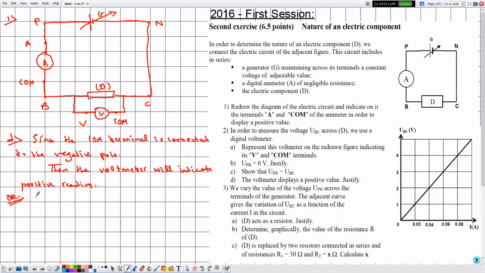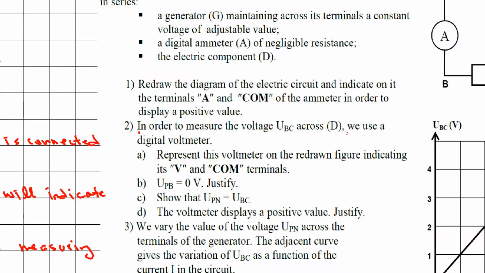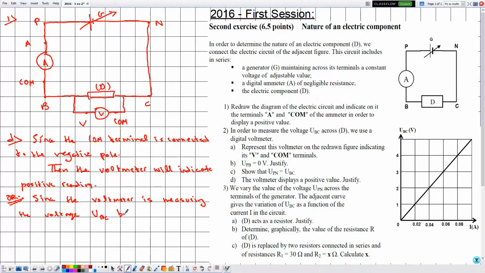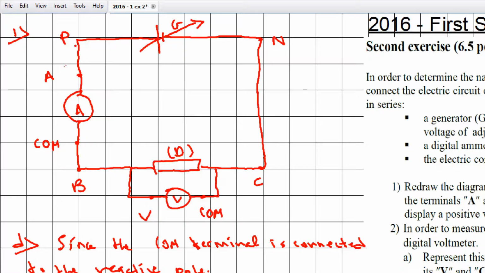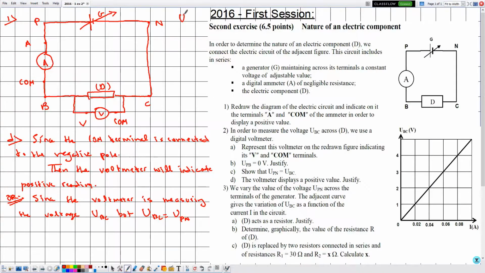So let's say, since the voltmeter is measuring the voltage UBC, and this is because of the given in number 2, to measure the voltage UBC across D. But we have proved in part C that UBC is equal to UPN, and the voltage UPN across the generator, because we are measuring the voltage from the positive pole to the negative pole, is positive.